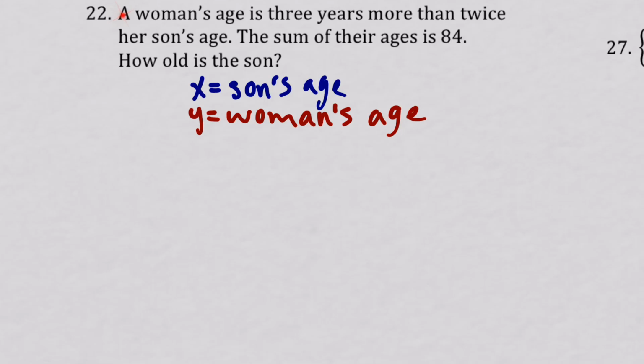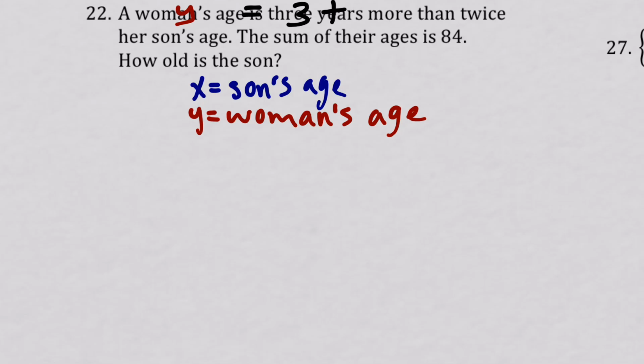The first sentence says a woman's age is 3 years more than twice her son's age. Okay. So if I start reading this slowly, it says the woman's age. We know what that is. It's Y. So I'm going to put a Y right there for the woman's age. Is means equals. 3 years more than, 3 plus, 3 years more than.